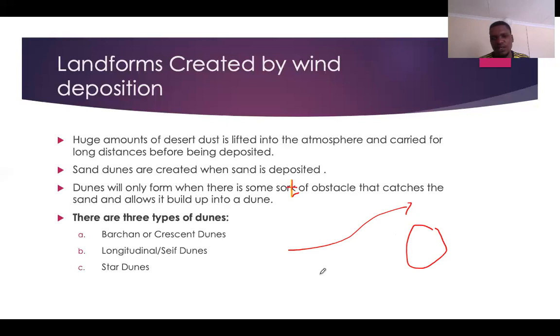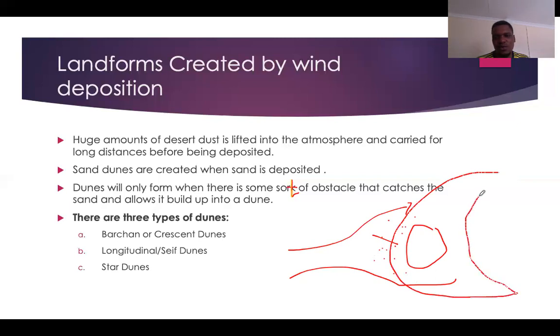So we'll begin to have depositions happening all over, and in most cases these depositions end up forming what we call a dune. This dune will look like this, with horns, and that rock you will no longer see.